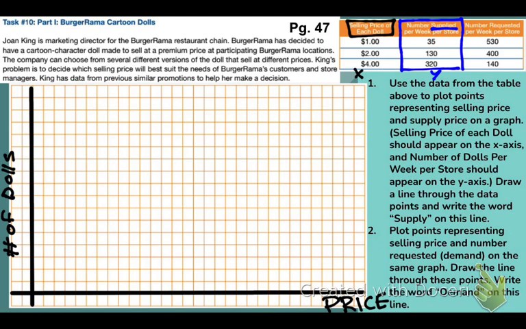So now I want to figure out what scale I use on my graph. For x, I just did ones. So we did ones for x's. That works. Do we want to do every single line is $1, or how many total dollars do we see in our table? 4. So maybe we want to space it out a little bit more so we can see closer. So I'm going to do about 4 spots.